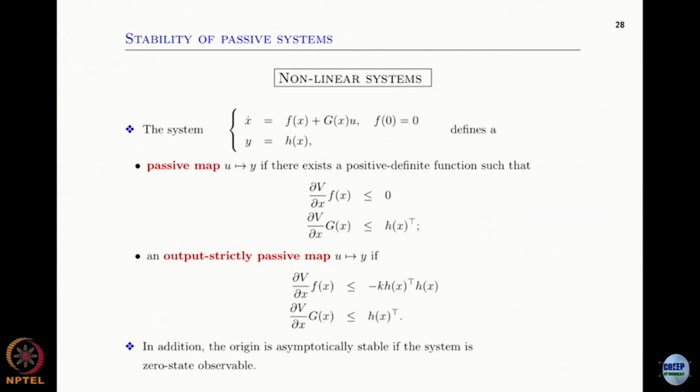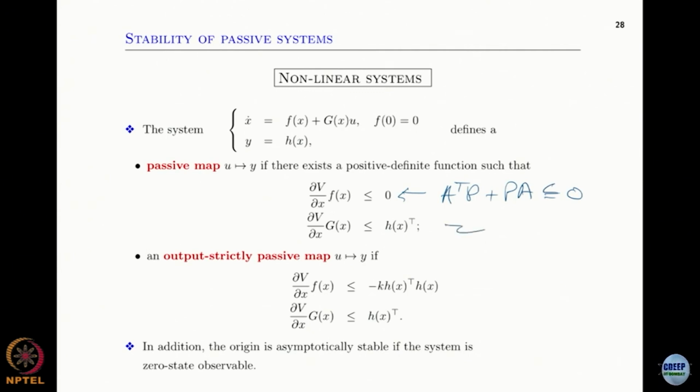And these expressions, as you can see, are really like a nonlinear version of the previous ones. So you want to have a storage function, or call it an energy function, such that the inner product of the partial of V times f is less or equal than 0, and you have this inequality here. So basically, the first one is like having A^T P plus P A equal to 0 or less or equal than 0.